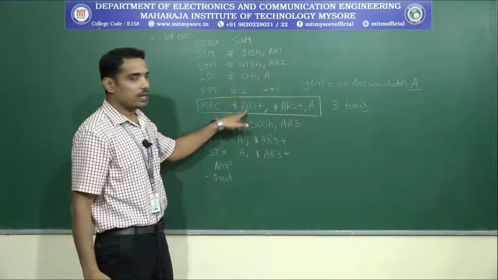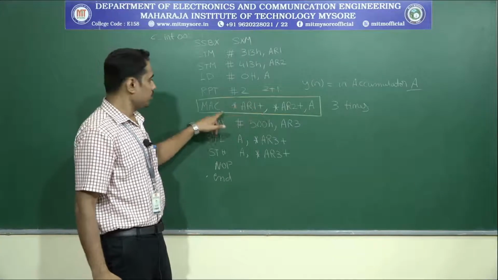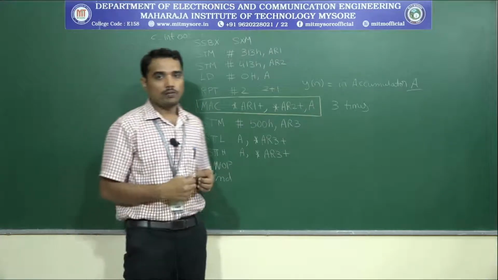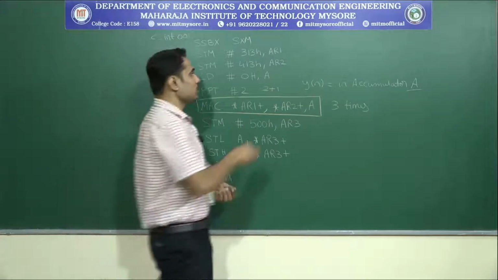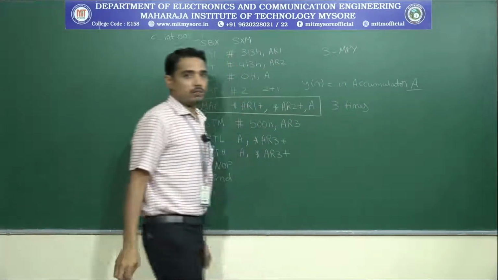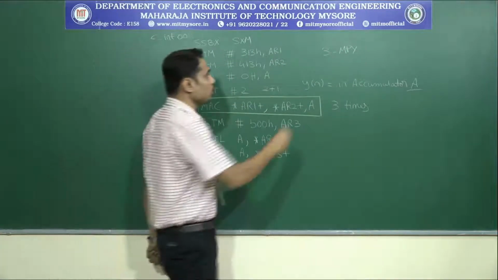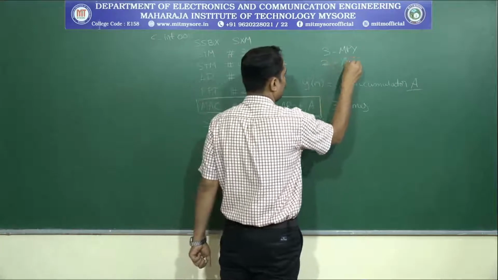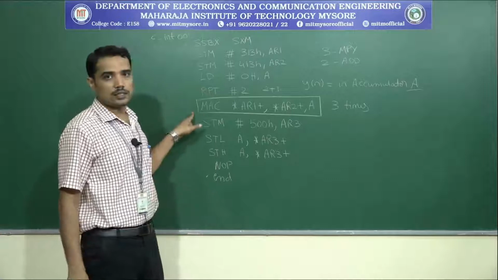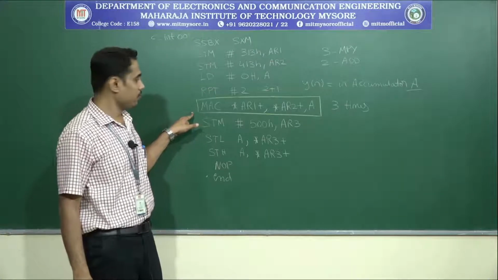Successfully, the product is computed by making use of a single instruction. In the previous case, we have seen we made use of 3 multiplication instructions and 2 add instructions. That is not the case in this program.